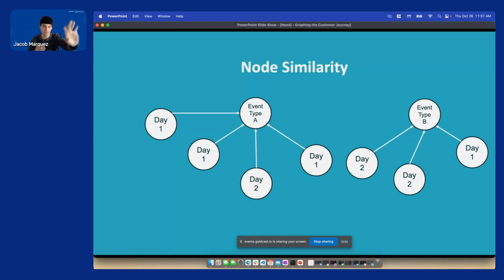There's the node similarity, understanding which days are similar, and then there's a user embedding, building vector representations, numerical representations of users based on their day similarity. It's very similar to natural language processing with text embeddings or word embeddings, but here you're doing node embeddings essentially.